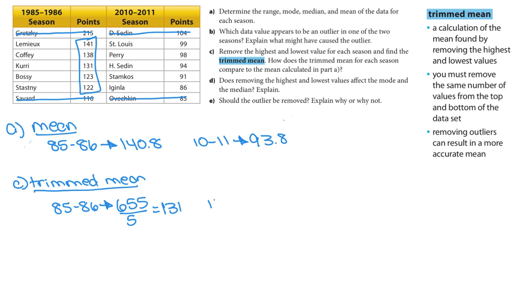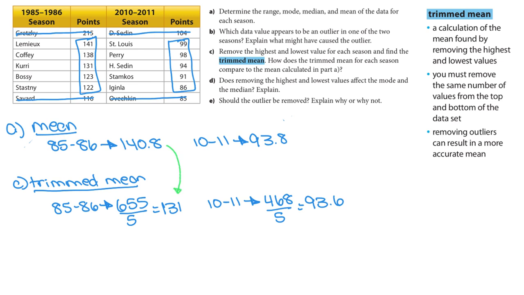For the 2010-2011 season, if we add up these 5 values, we get 468 divided by 5, and we get 93.6. Okay? So if we compare the data sets, the data set that had the outlier, the mean has changed quite a bit.